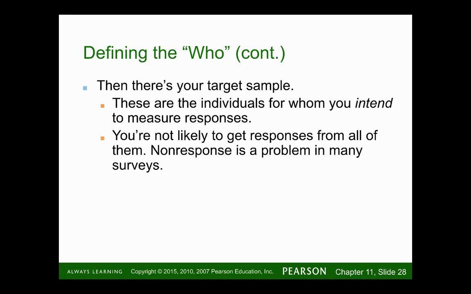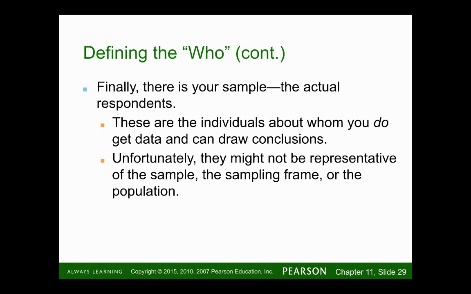Probably about 10% of the people that receive the survey actually fill it out. So that's not helpful. Finally, there is your sample, the actual respondents. These are the individuals from whom you do get data and can draw conclusions. Unfortunately, they may not be representative of the sampling frame or even the population.